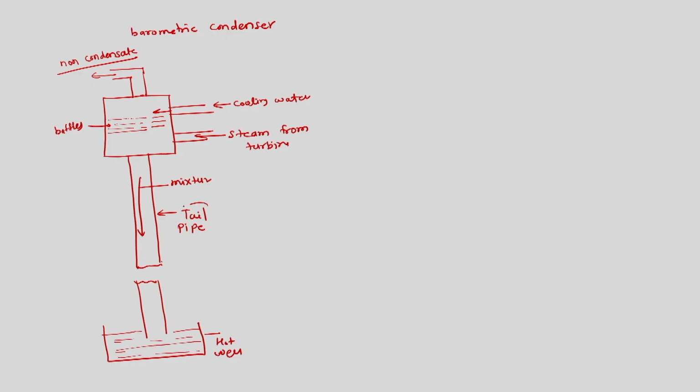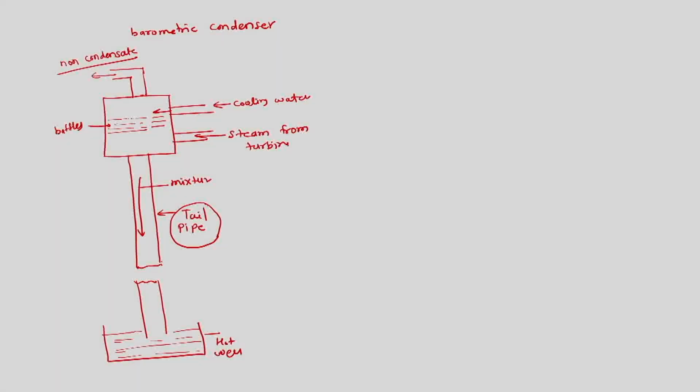The height of the tailpipe is very much required, such that we will have a rise in the pressure of the mixture. So the mixture will come at low pressure, and after condensation, in passing through the tailpipe, it will rise in pressure to the atmospheric pressure. But this barometric condenser needs a long pipe for the pressure building.